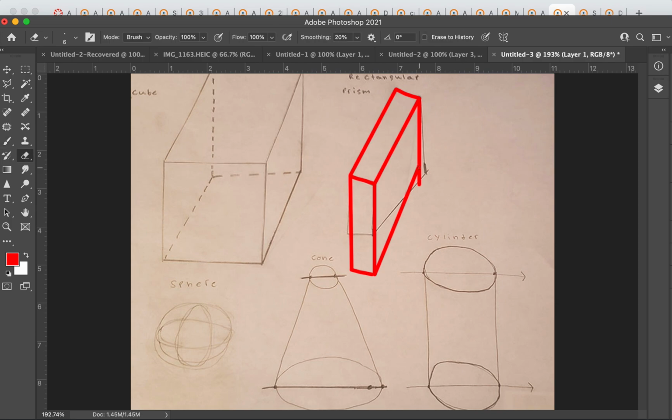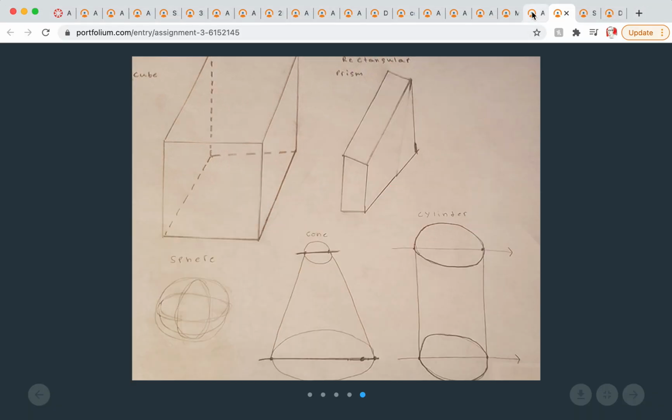Something like that. And we could go and erase this one. And we can imagine underneath it, yeah, so hopefully that helps a bit.